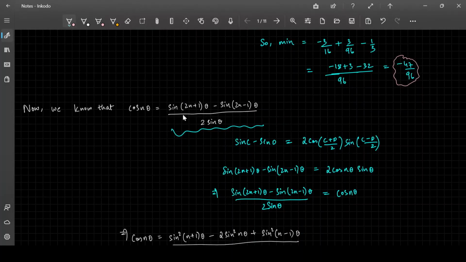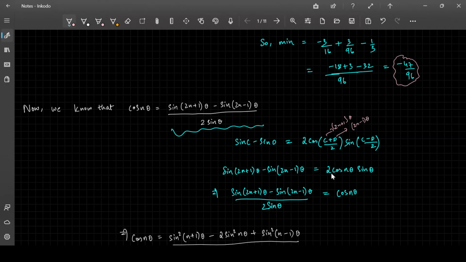So cos n theta is equal to sine of 2n plus 1 theta minus sine 2n minus 1 theta divided by 2 sine theta. How did I end up with this? Basically the sine c minus sine d formula is 2 cos of c plus d by 2 sine of c minus d by 2, isn't it? So for sine of 2n plus 1 theta minus sine 2n minus 1 theta, you can just substitute c as 2n plus 1 theta and d as 2n minus 1 theta.